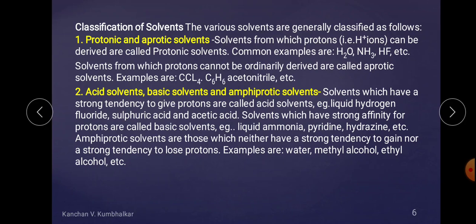Next are acidic solvents, basic solvents and amphiprotic solvents. We know that three types can be considered: acidic, basic and amphiprotic.